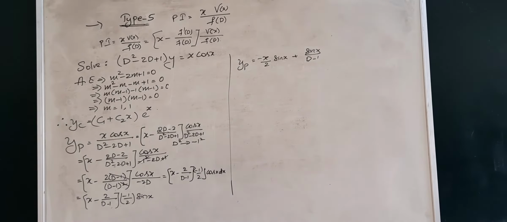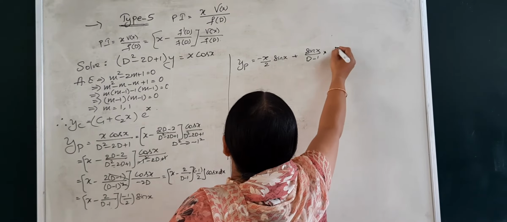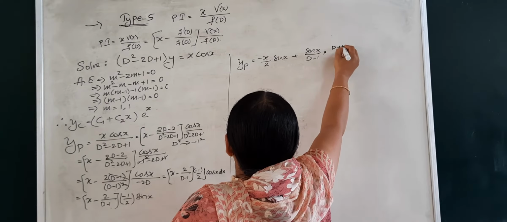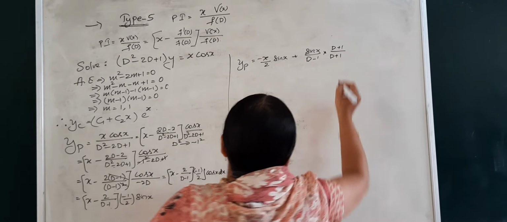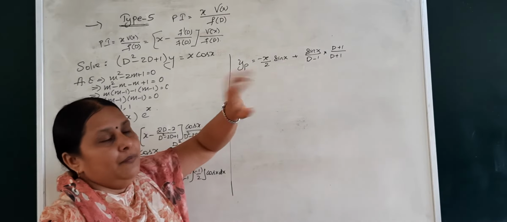So plus sin x divided by D minus 1. You got it, guys? So this one you can solve only by multiplying and dividing by the conjugate of this, because we have to get a D square term, then only we can apply type 2. Whenever sine cos terms are there, you have to apply type 2.